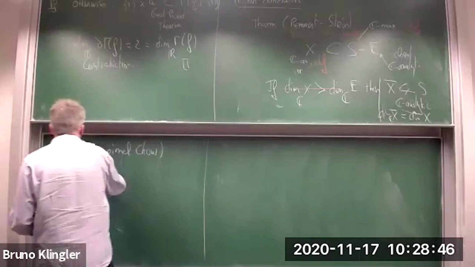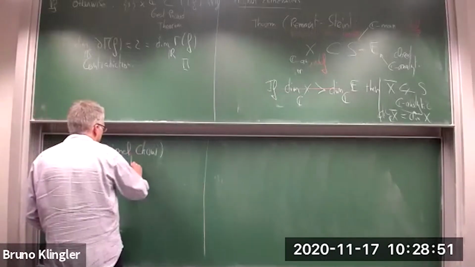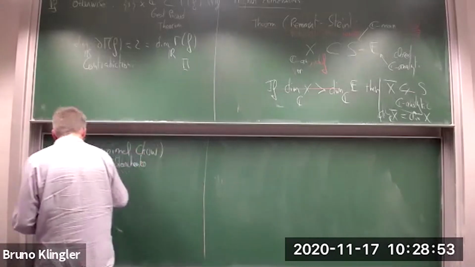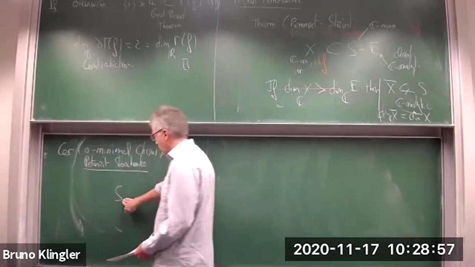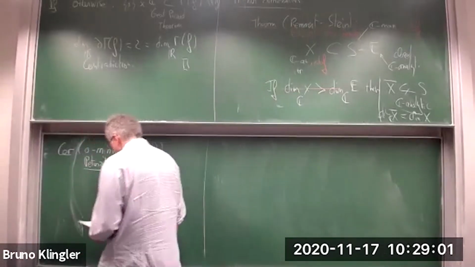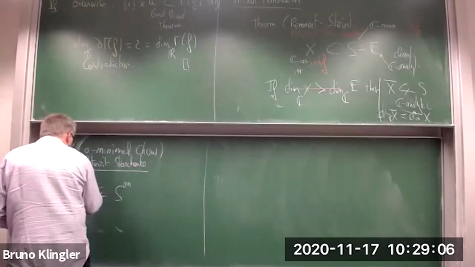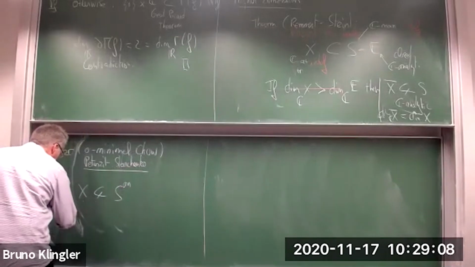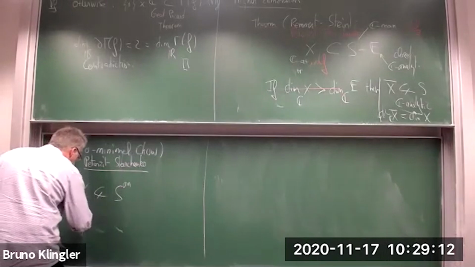So this is due to Peterzil and Starchenko. And then it says that suppose that you are in this situation, you have S, an algebraic variety, and now you take the complex analytic space associated to it, and you take a closed subspace, and you assume that X is analytic closed.